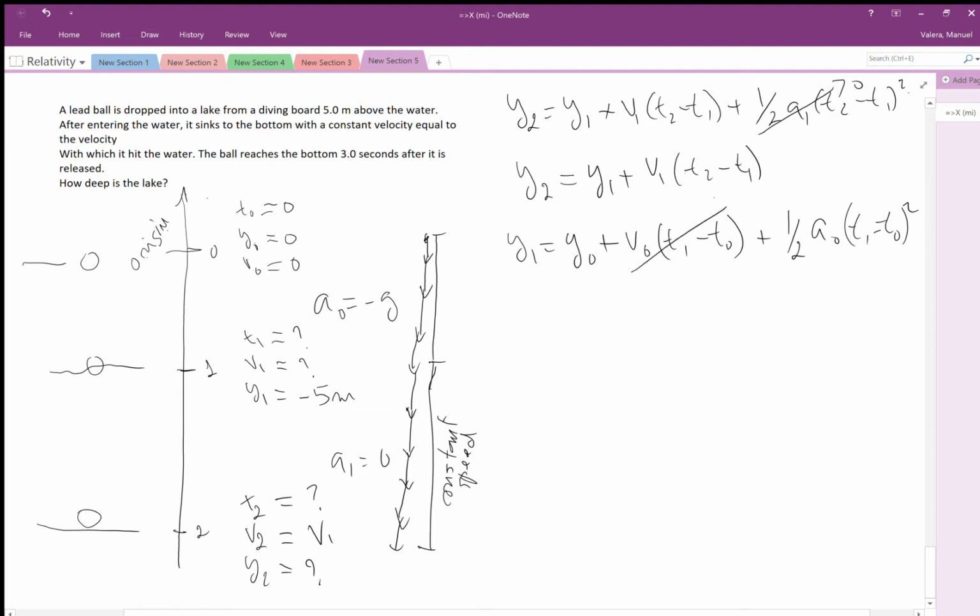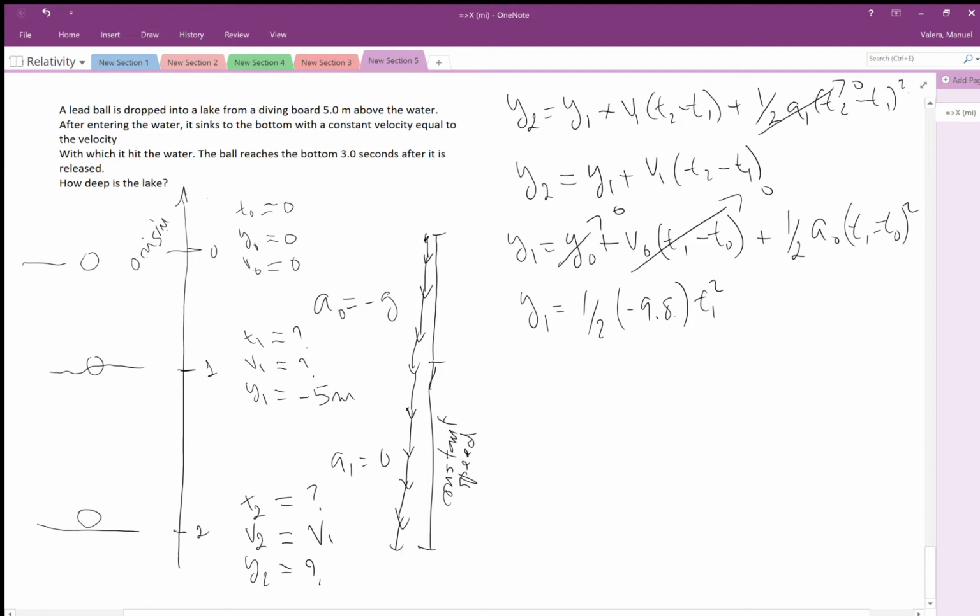This is 0 because the initial velocity is 0. This is 0 because the origin, we chose that to be 0. And I get that y1 is equal to 1/2 times minus 9.8, which is gravity, right? And then t0 is 0, so this is t1 squared. So then I can solve for t1 from this equation.